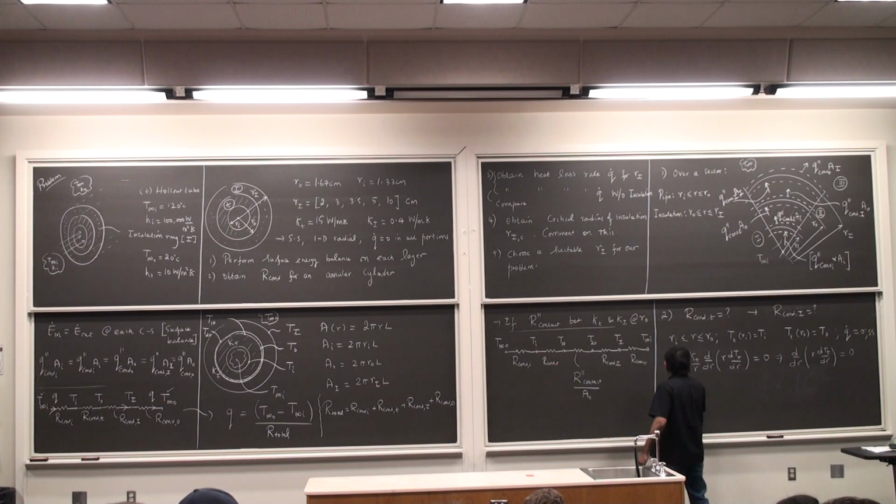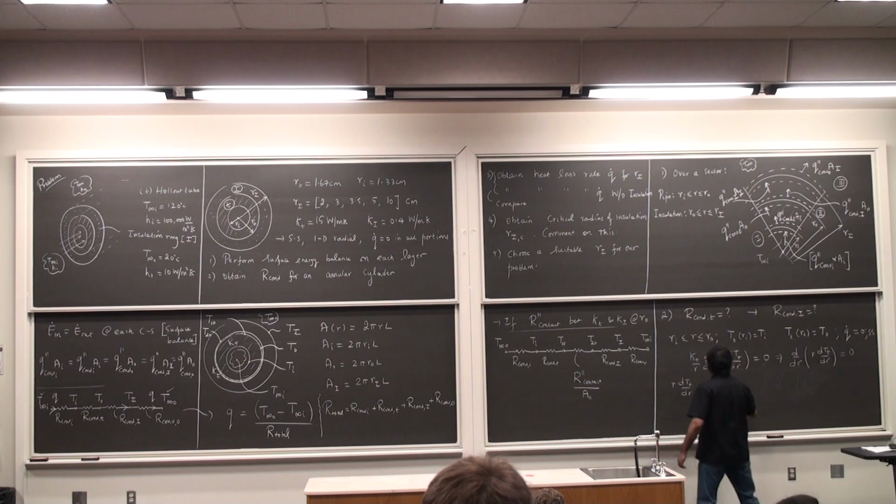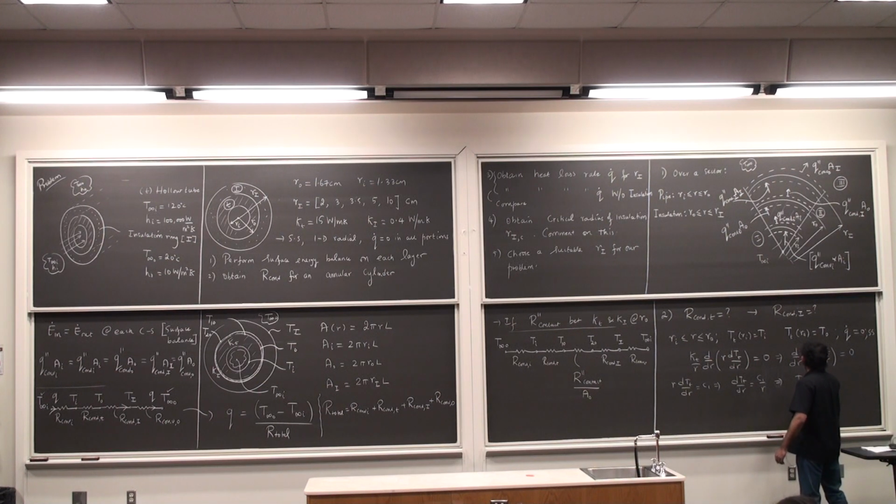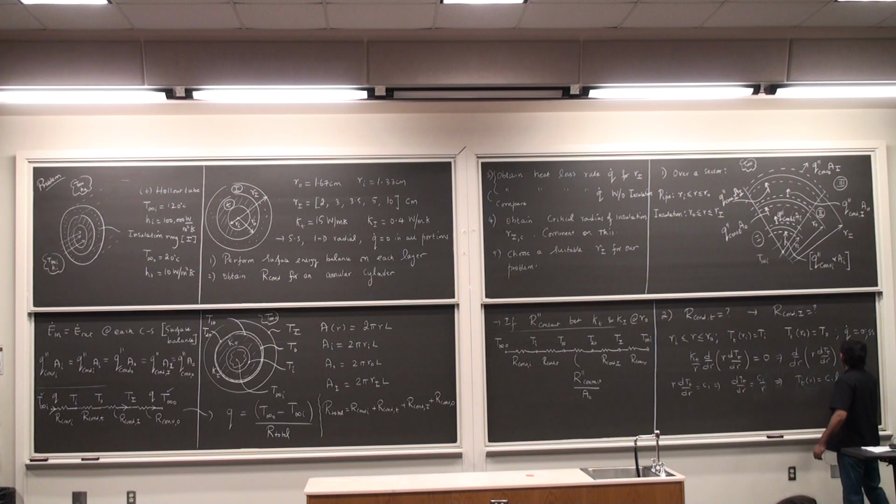If I integrate once, I get R dT by dr is C1, so dT by dr is C1 by R, and T is C1 ln R plus C2.